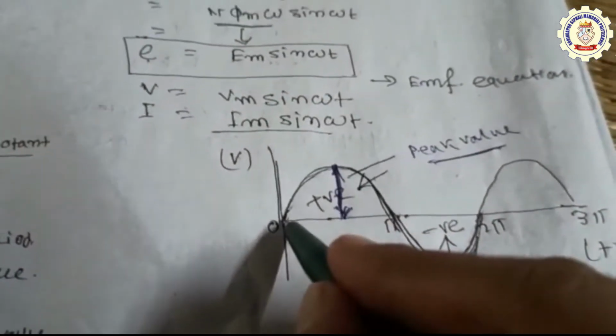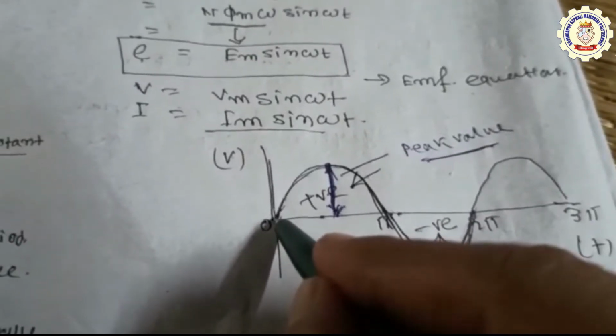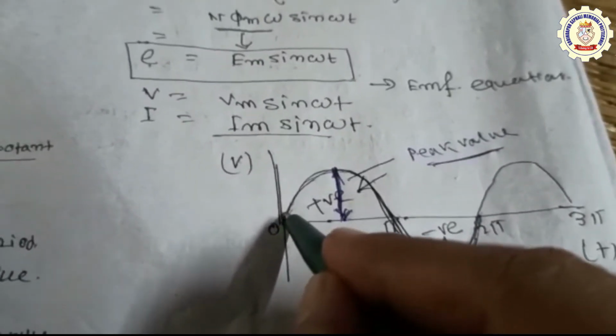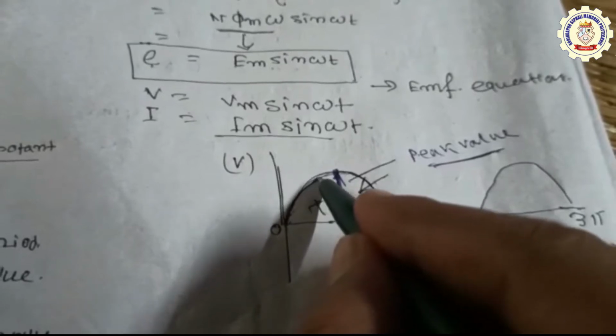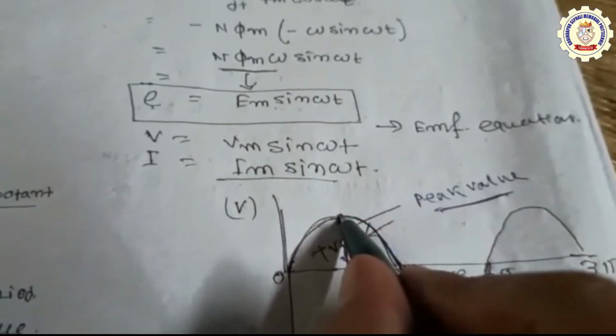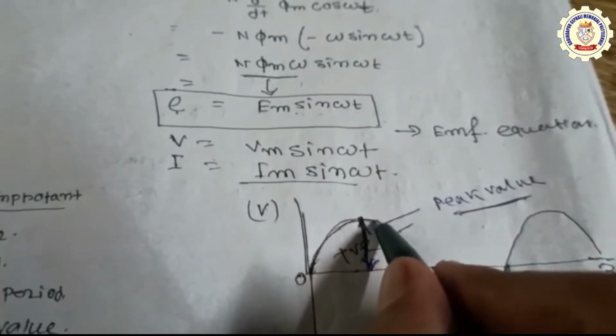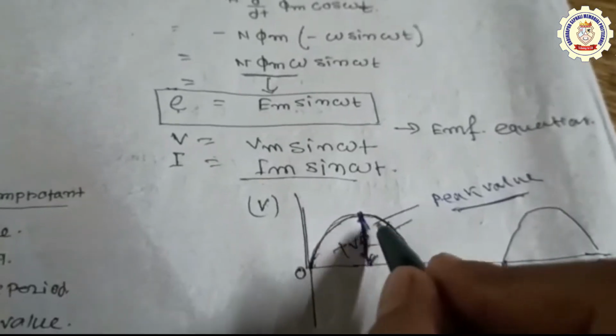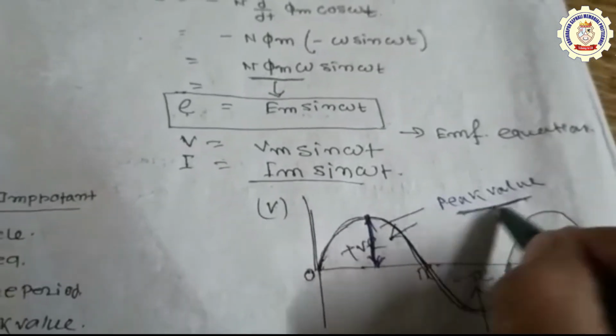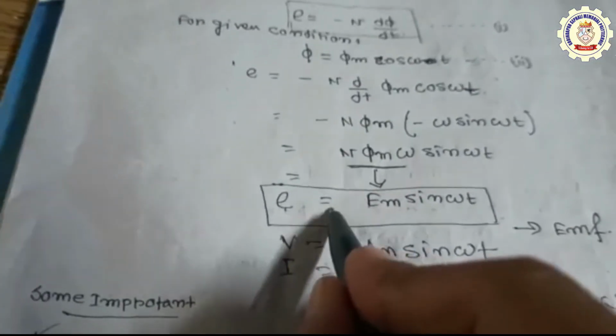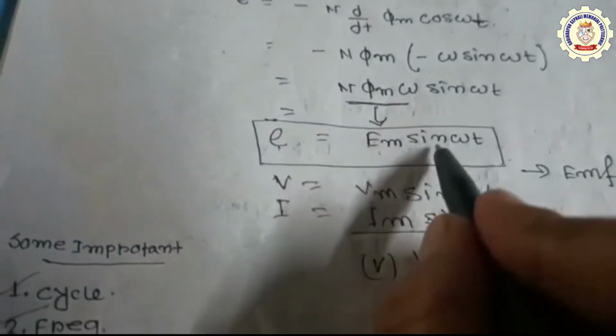The signal may be current or voltage starting from 0, then increase and reach the maximum value, then start to decrease and reach the 0. This maximum value is called peak value. Okay, here E equal to Em sin ωt.